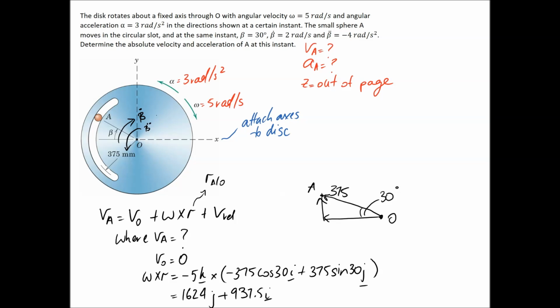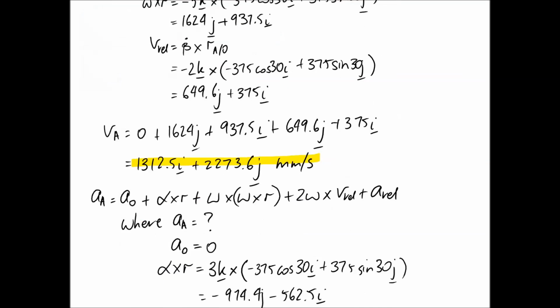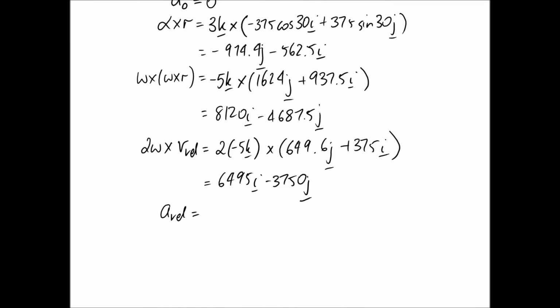Okay, beta double dot. So because we're looking at between O and A, it's rotating. What we're going to need to consider is the normal and the tangential components of that acceleration. Okay, so the normal component is going to be the angular velocity, which is beta, crossed with the radius. So it's going to be A relative to O, since that's what the angle is between.